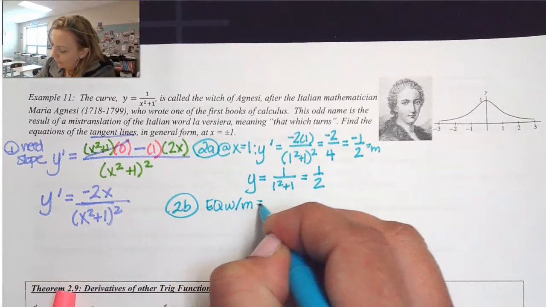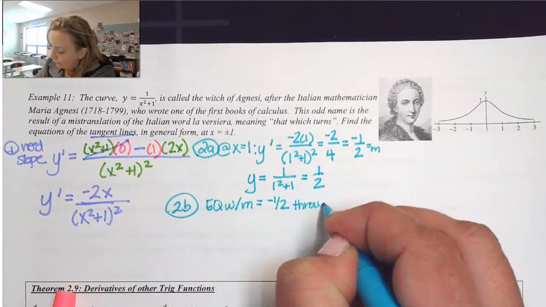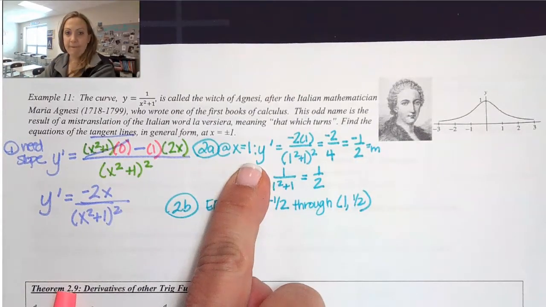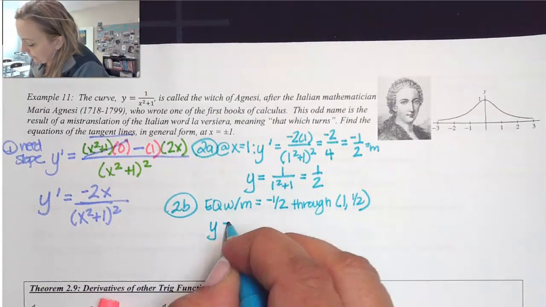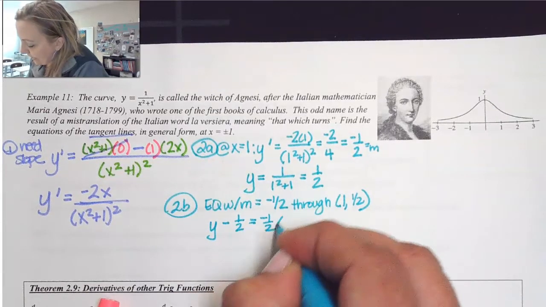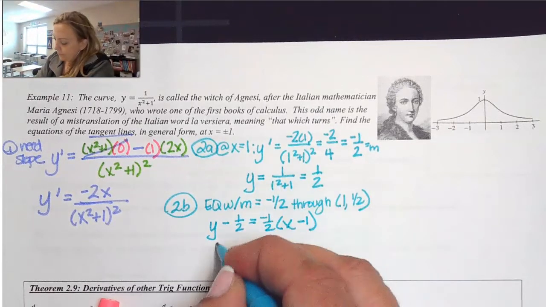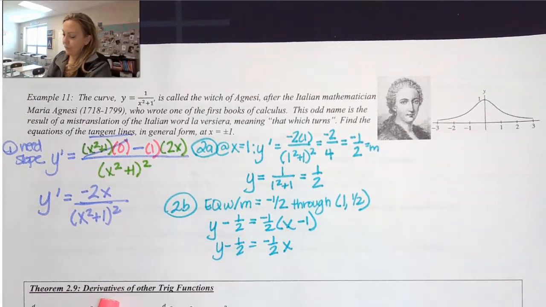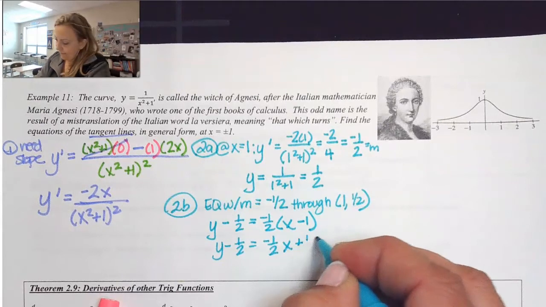Okay. So essentially, what I want is an equation with a slope of negative 1/2 that goes through the point (1, 1/2), right? So we can use point slope form for that. So y minus 1/2 equals negative 1/2 times the quantity x minus 1. So we can distribute: y minus 1/2 equals negative 1/2 x plus 1/2.